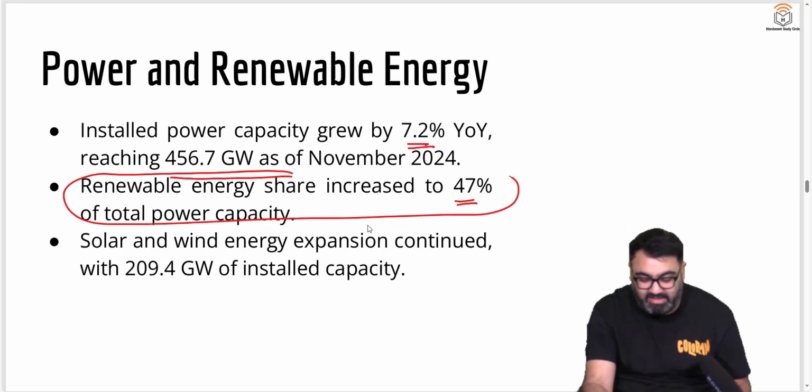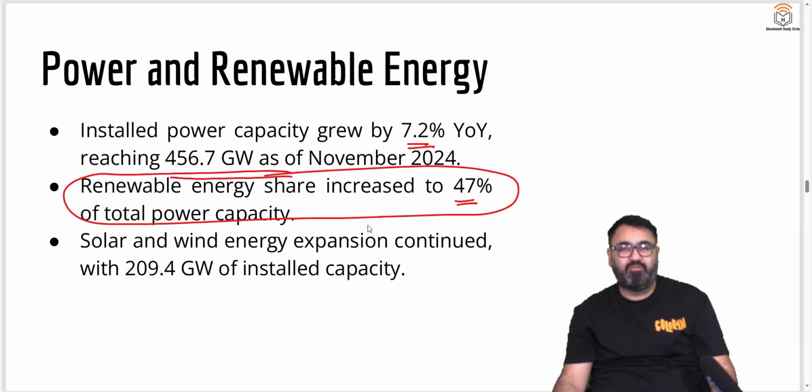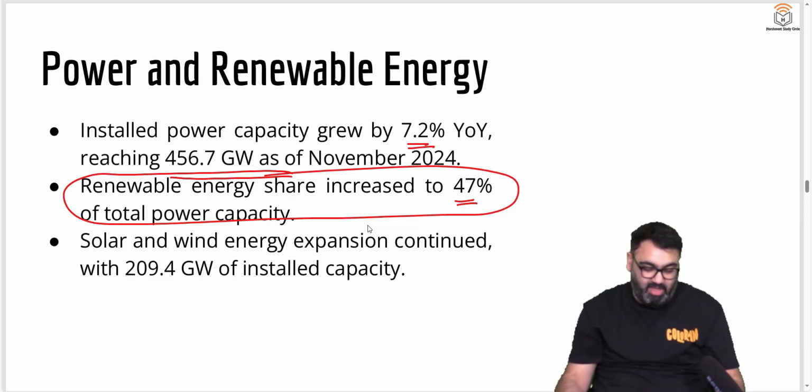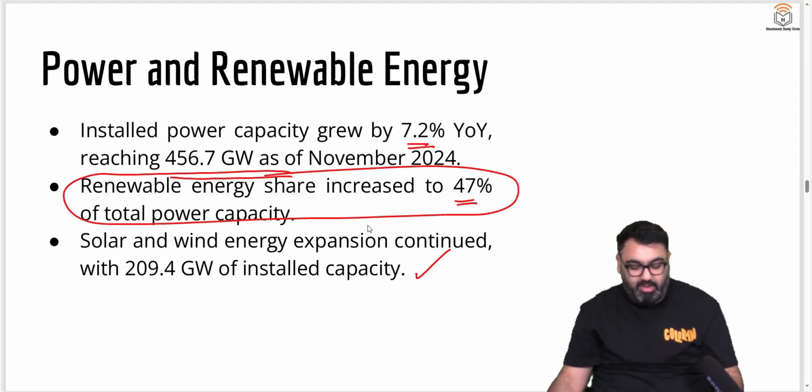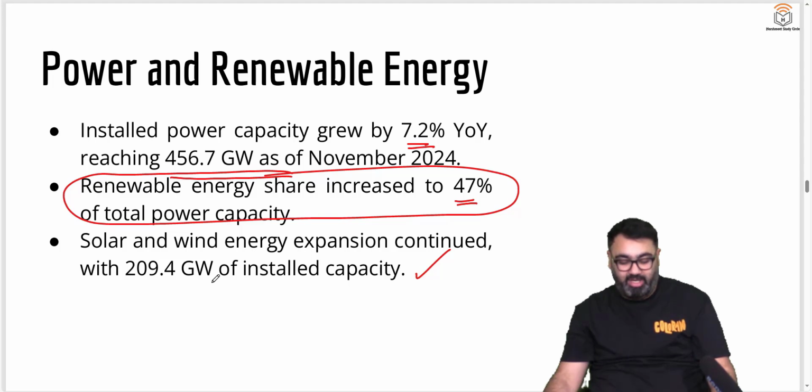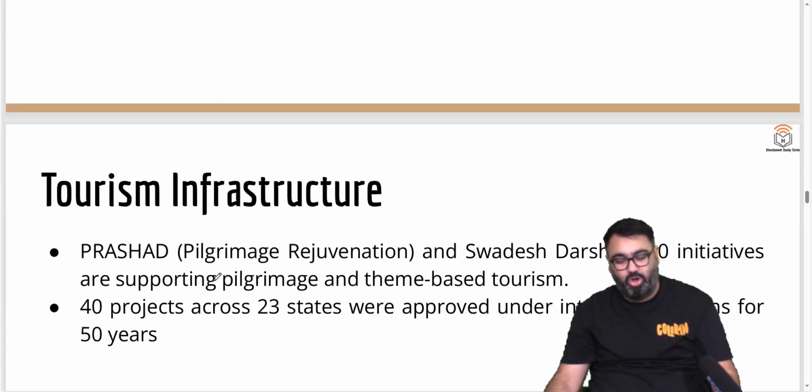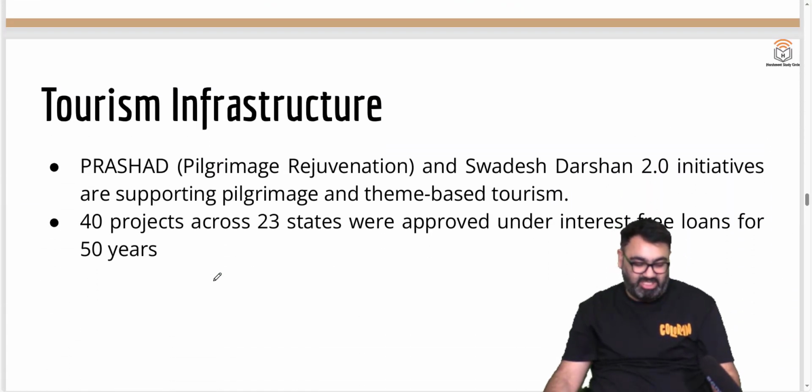It has not reached 50%, but it is about to reach 50% of our total power capacity. Solar and wind expansion continued with 209.4 gigawatts of installed capacity. So in terms of renewable energy, solar has been the most promising. Then we have wind, green hydrogen now being put into focus as well.